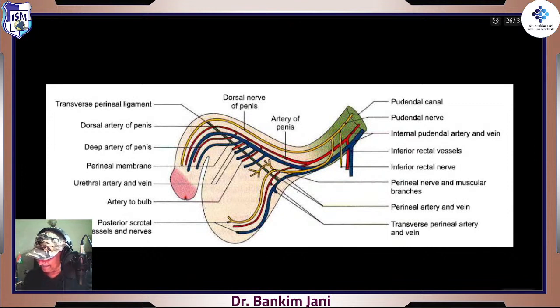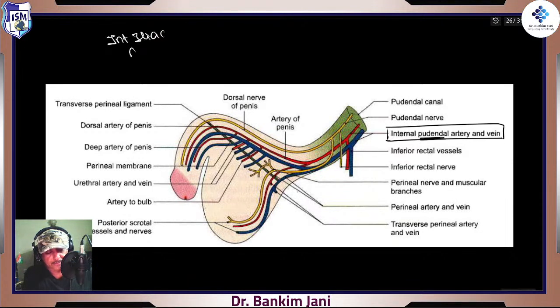So here it is, again the pudendal word came. So this is the internal pudendal artery and vein. Pretty important, just for reference on how exactly it is associated. You know about the internal iliac artery, correct? That is from the aorta to the common iliac to the internal iliac and external iliac, and this internal iliac once again will be divided into anterior and posterior.